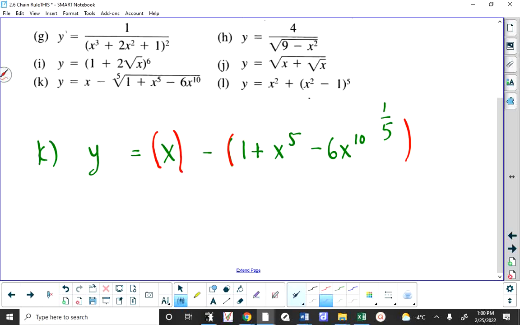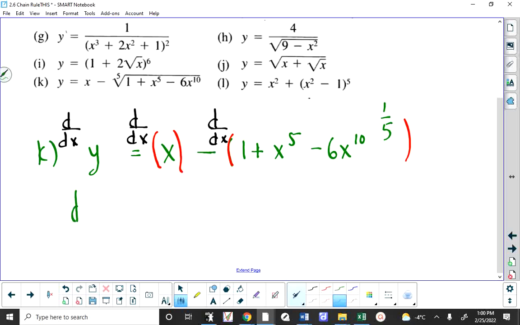So when you are asked to find the derivative of a difference, all you do, please don't ever write this on an assignment or an exam, but all you do is you d/dx everything. I mean, if you're going to write that, then rewrite it as d/dx of y equals d/dx of x minus d/dx of that other thing. It's because of this minus sign that we are allowed to do that.